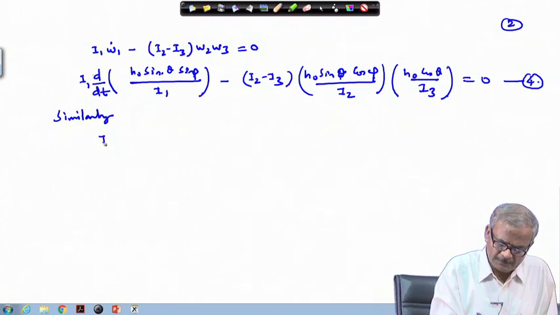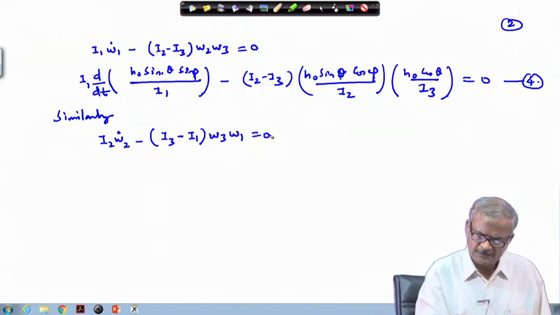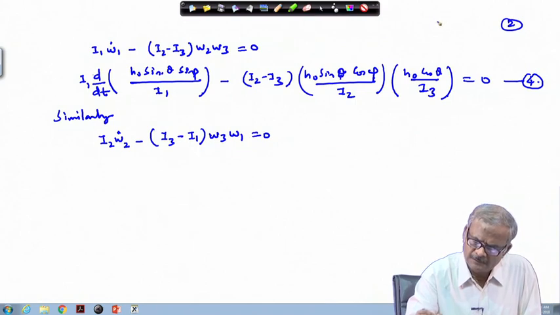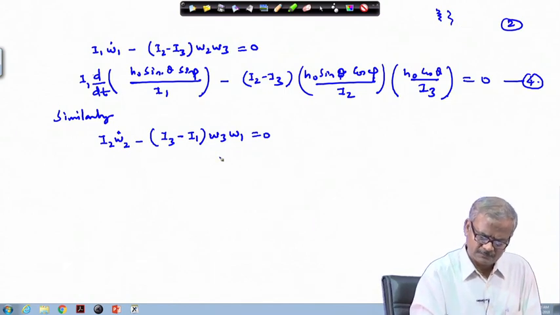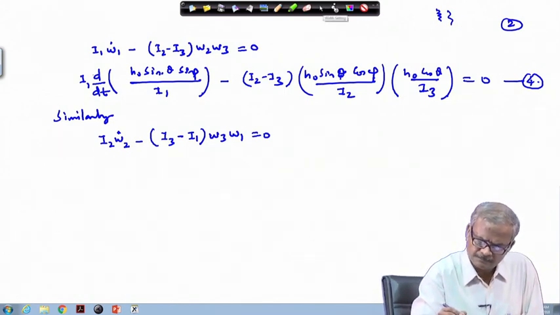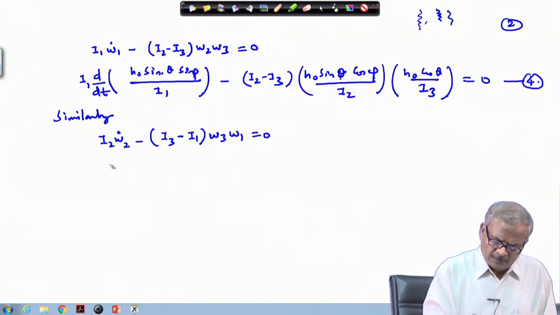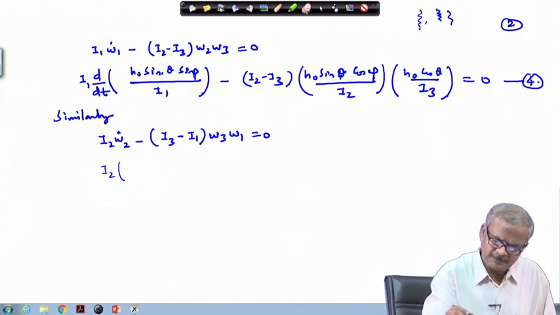Similarly, we will have I 2 times omega 2 dot minus I 3 minus I 1 times omega 3 omega 1, this equal to 0. Now, we insert the omega 2 dot here.